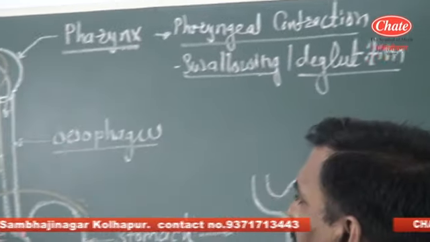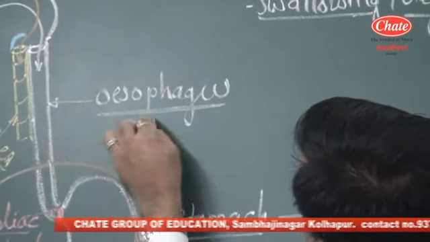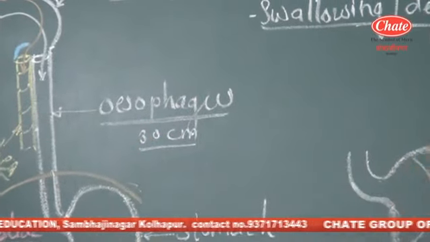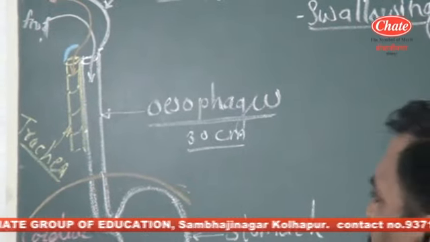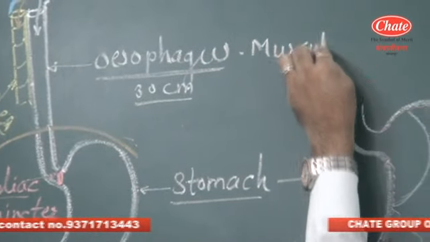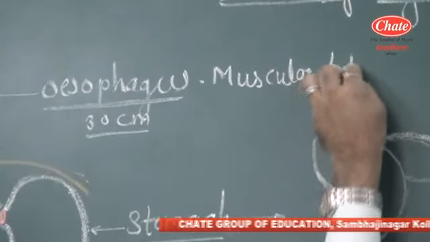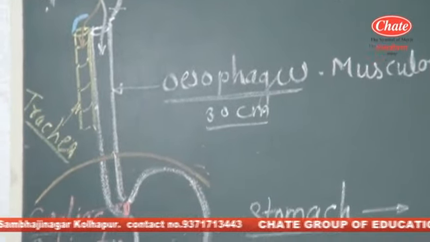So pharynx leads into the next part, that is the esophagus. Average 30 centimeter is the length of the esophagus. Esophagus is a muscular tube, and this muscular tube connects pharynx with stomach.